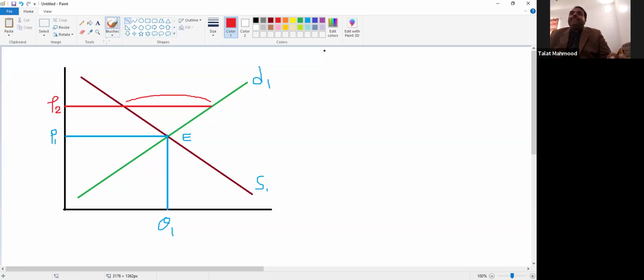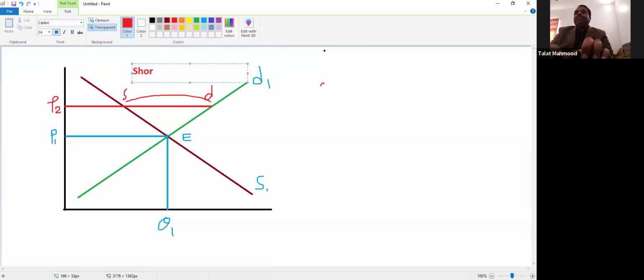Because supply is here and demand is here. When demand is greater and supply is shorter, what does it mean exactly? It is called shortage. So this shortage was set by the company, set by the firms.